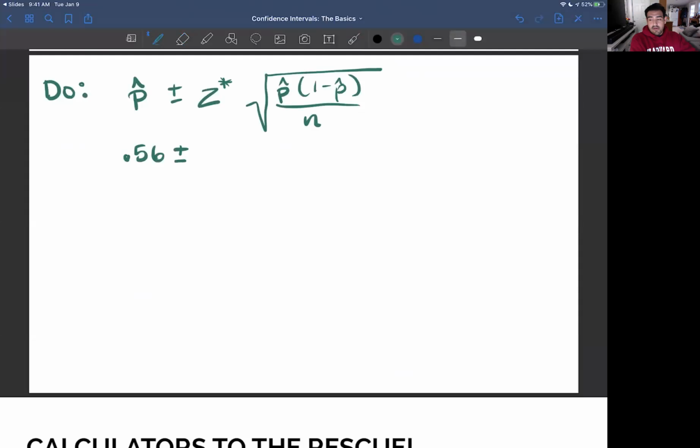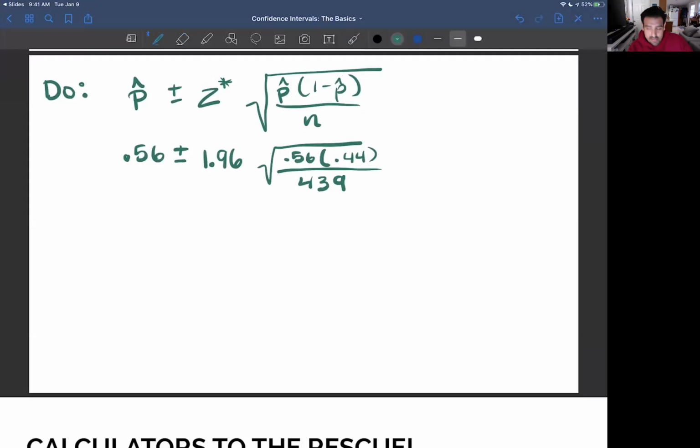Now, if you remember from earlier, I said that new 95% confidence interval is 1.96. It's no longer 2, right? The empirical rule doesn't follow us anymore. That was just for the beginning of stats. We're looking at 1.96 times our point estimate, 56, times the opposite of that, which is 44, all divided by our sample size of 439.